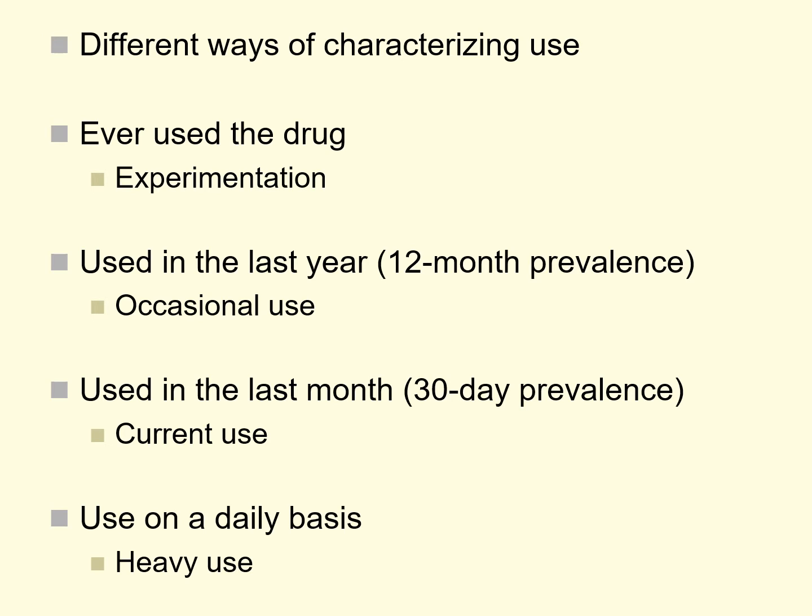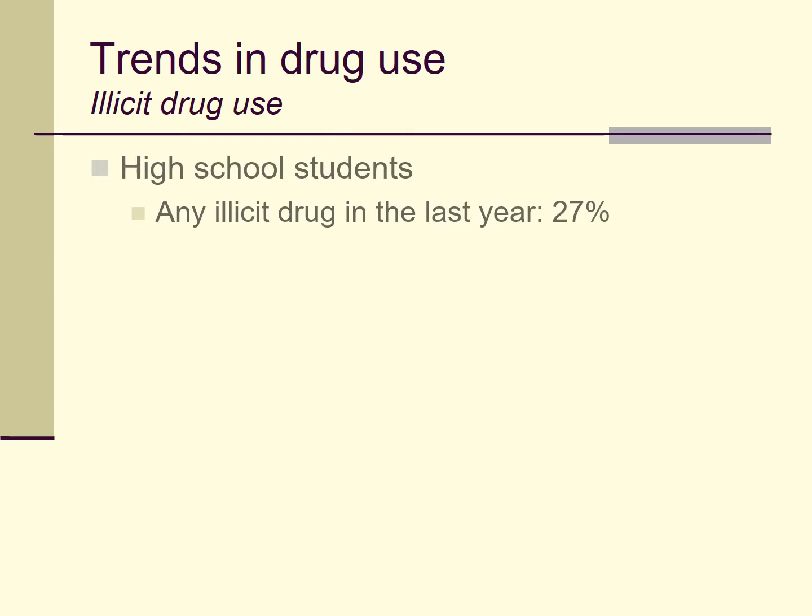Now, what do all the answers that students give tell us? Well, based on the most recent research, we know that the 12-month prevalence rate of using any illicit drug is approximately 27%.